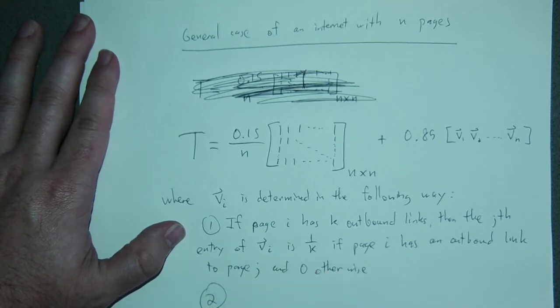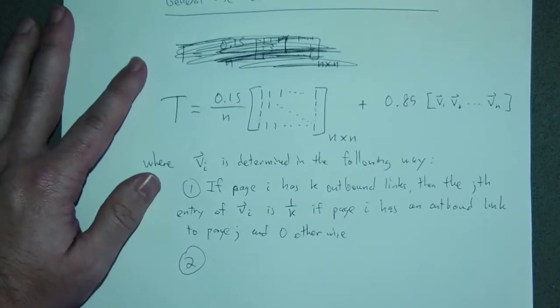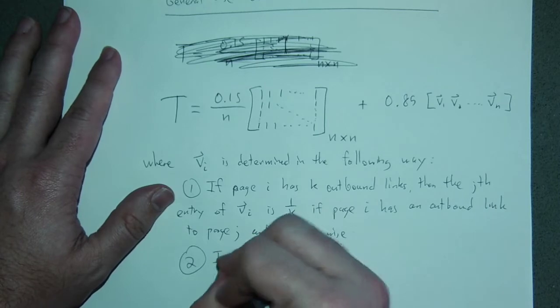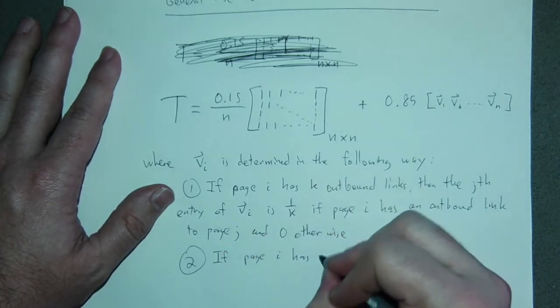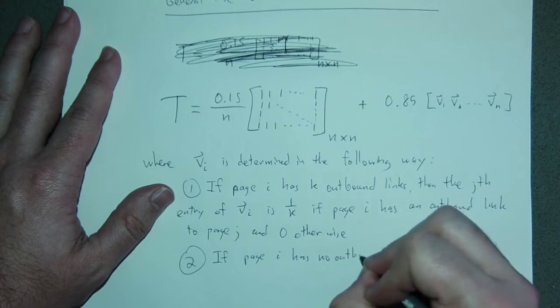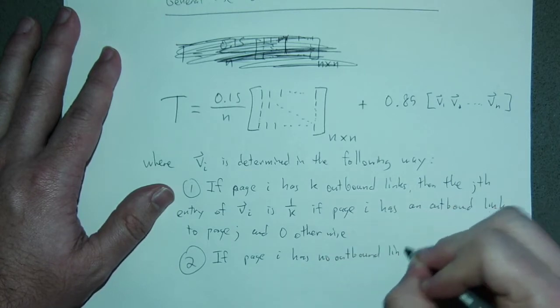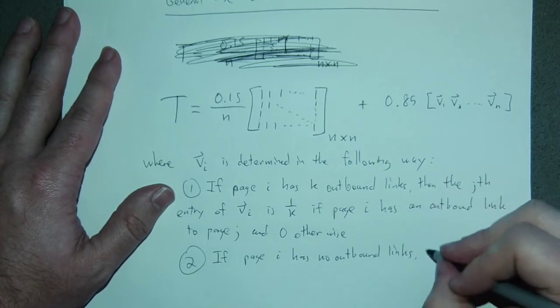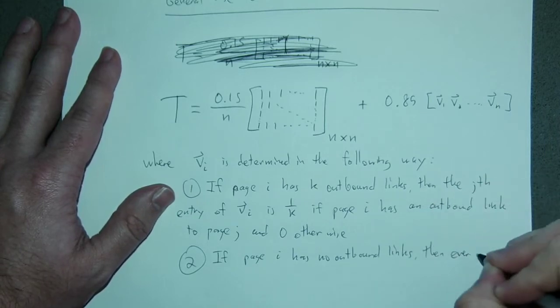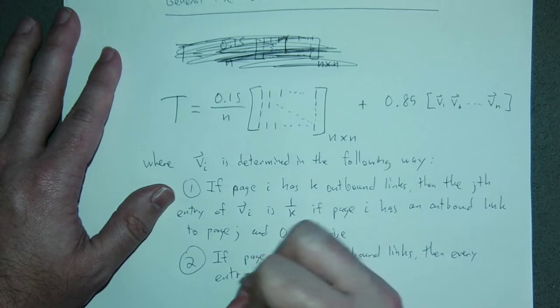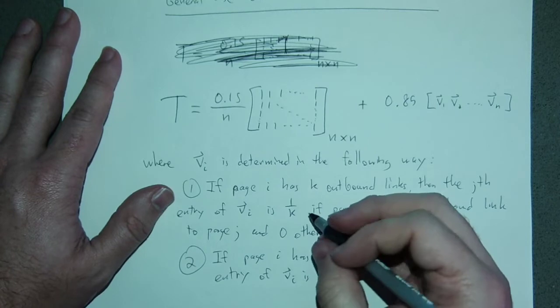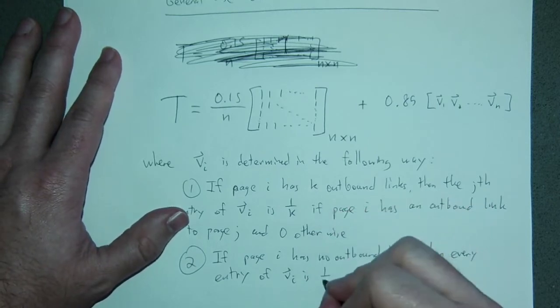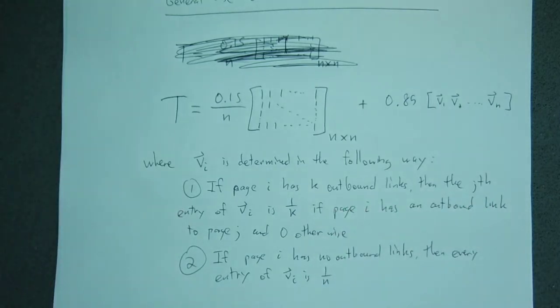Okay. And two, if page i has no outbound links, then every entry of v sub i is 1 over n. Okay.